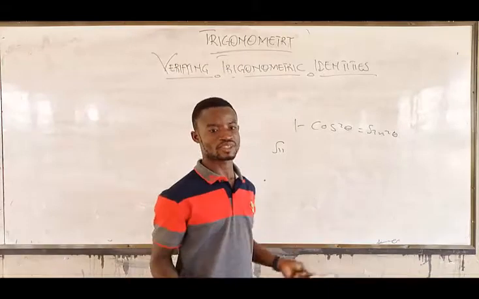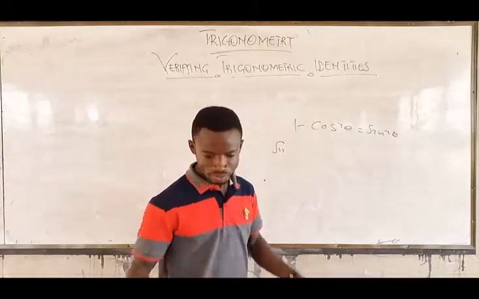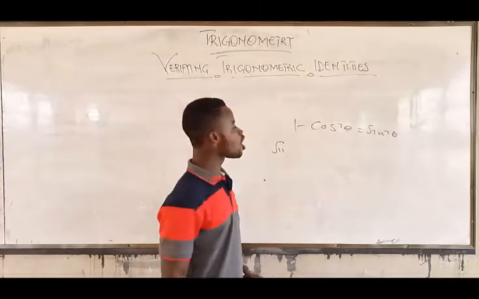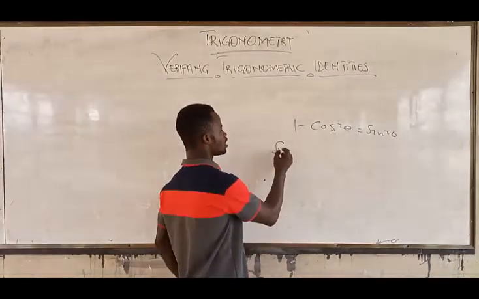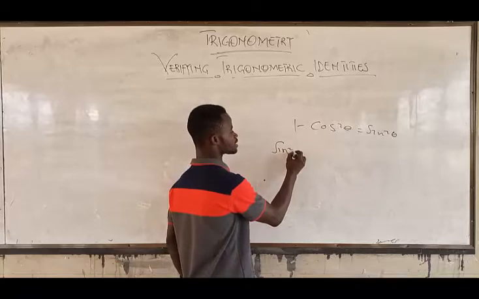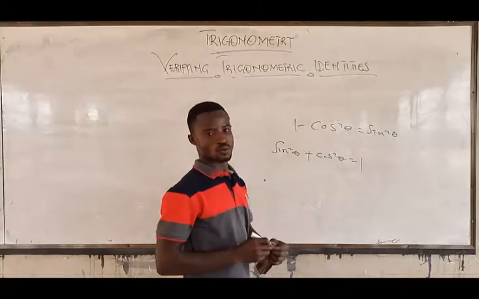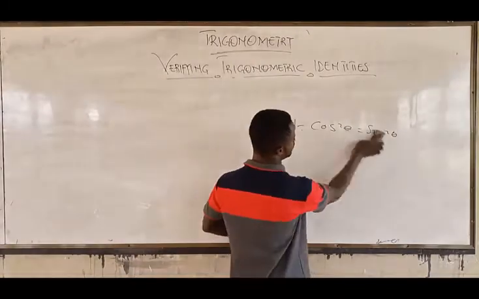So we are saying this is an alternative form of sin square theta plus cos square theta equals 1. Very good.